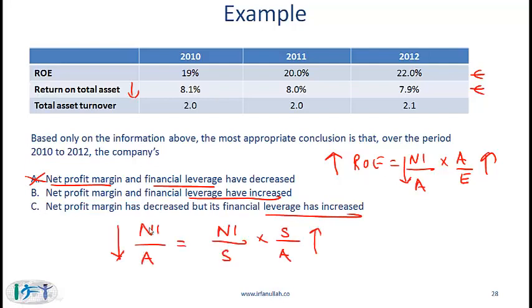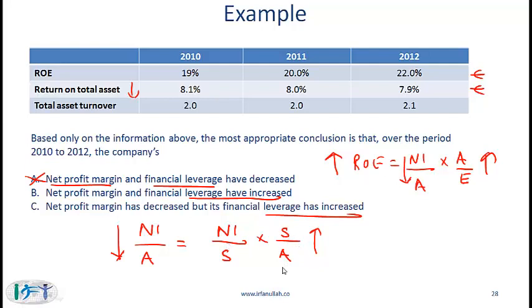If you take net income over assets, or the return on assets, this ratio can be decomposed into the net profit margin, net income over sales, multiplied by the asset turnover ratio, sales over assets. We know that return on assets is coming down from the second row. Net income over sales, that is the profit margin that we need to evaluate.